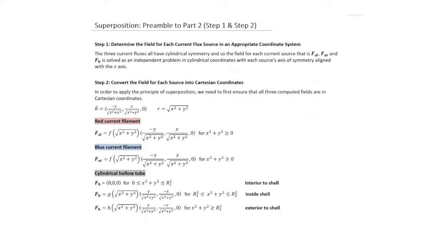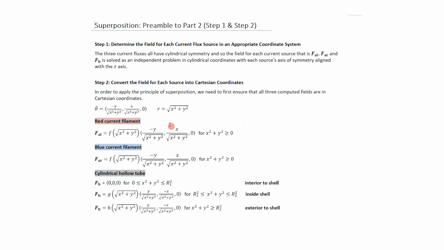All right, so let's look at the procedure required to solve this problem. We're still working on part 2. We wanted to determine the field for each current flux source in an appropriate coordinate system. We've established that all three are cylindrical, so cylindrical symmetry applies in all three cases.